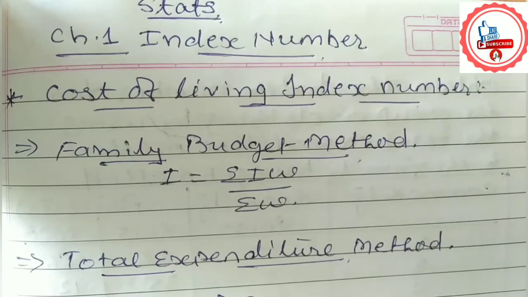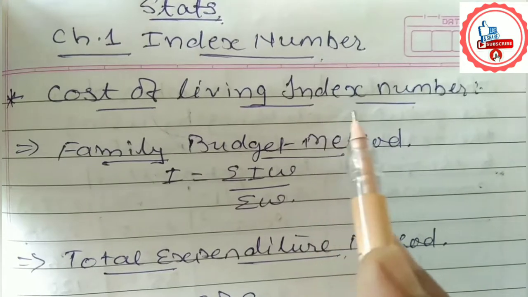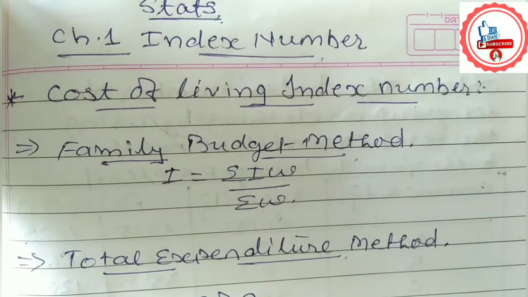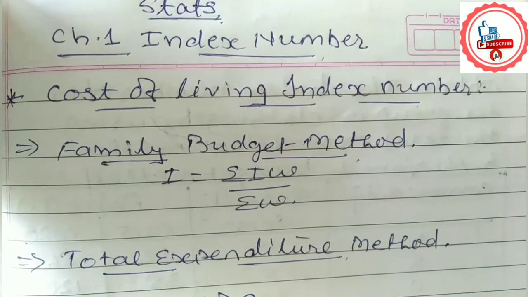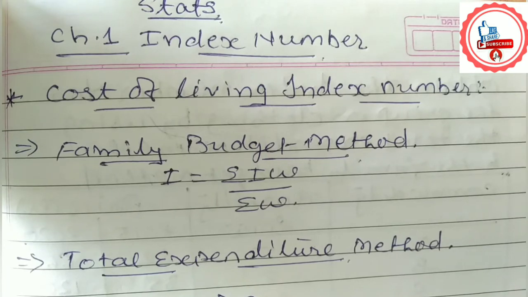Before moving to the formula of the total expenditure method, first of all we will discuss the cost of living index number. What is the meaning of cost of living index number? It is extremely useful for workers, employees and other service class people for computing dearness allowance, bonus and other types of allowances.